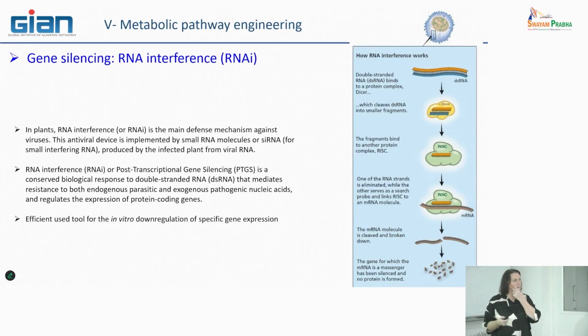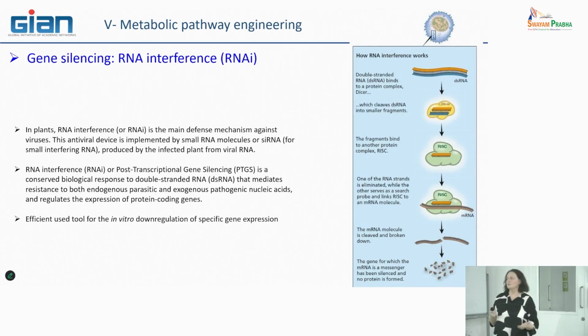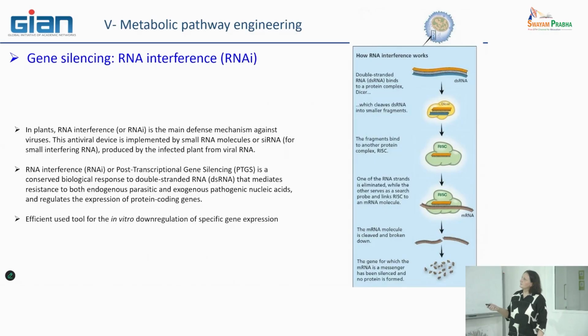The idea was how we can manage that to specifically target a gene we want to silence, in order to study, for example, the functional activity of the genes in a particular system, such as a metabolic pathway. So what can we do? It's quite easy now to understand, but at the moment they proposed it, it was really interesting: we can create artificial double-strand RNA corresponding to the sequence of the gene we want to silence.